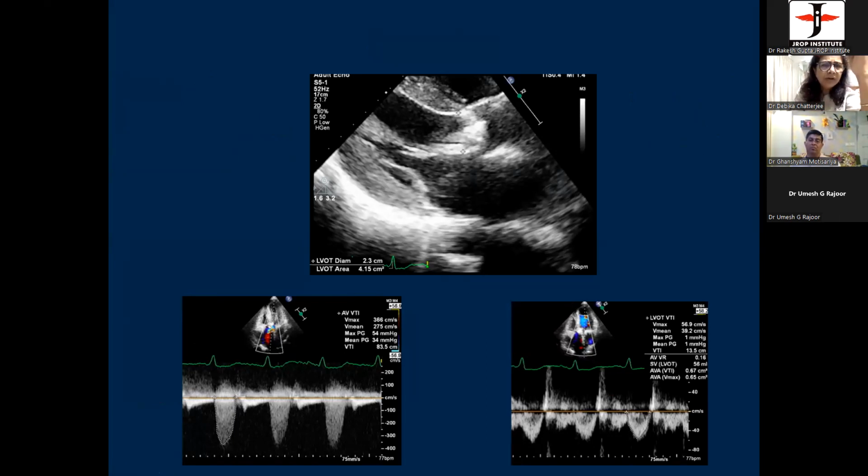So even if there is a difference of a fraction of millimeter, it will get squared, and there is a chance of error in your calculation. So always remember to zoom so that you can see the LVOT diameter very carefully, and then you take the measurement. Good, Ramesh, well done.